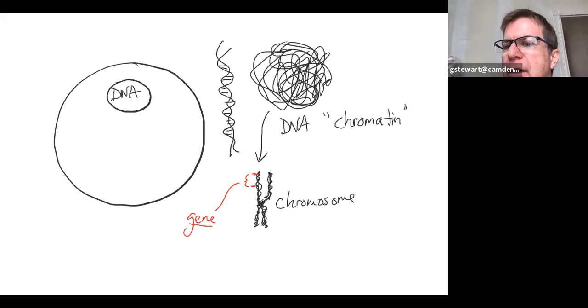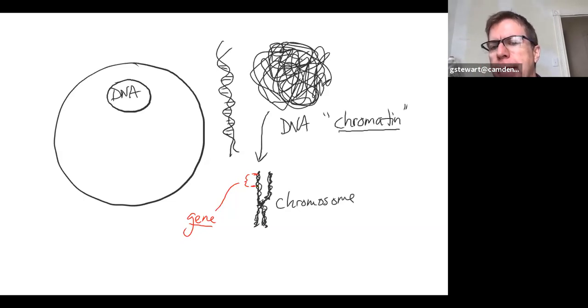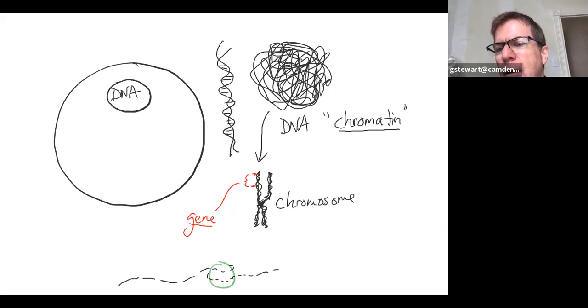Now, when this chromatin business is just arranged like a big bird's nest or ball of yarn, here's really what it looks like. There's nucleotide chains that wrap around proteins. Here's a protein. And I'm just going to wrap it. And I'm going to draw another protein.